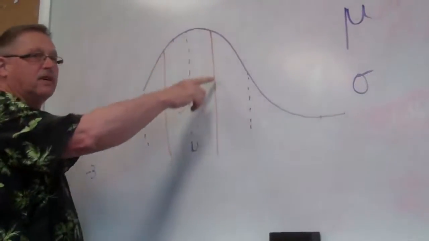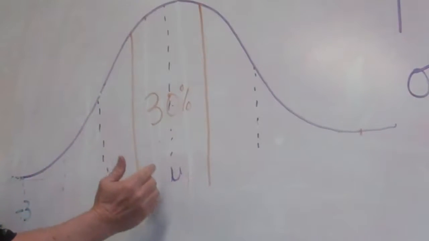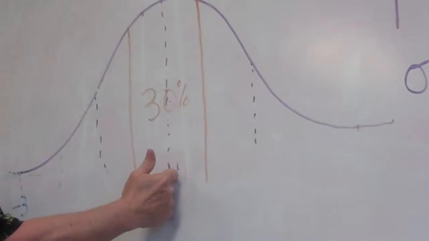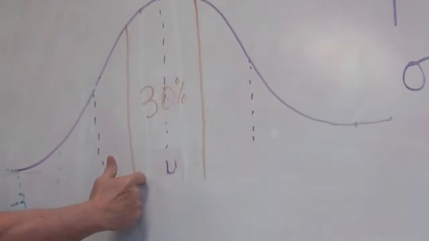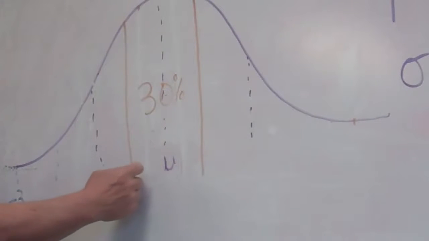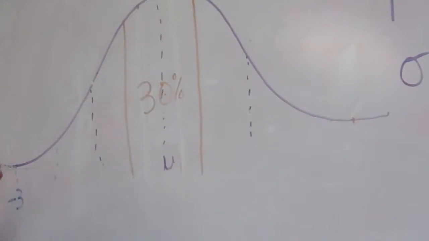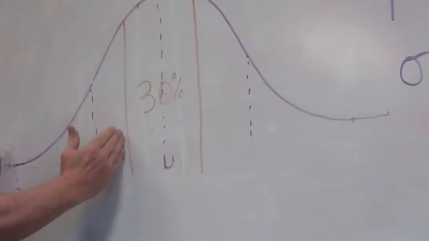I kind of want to find this line here. If I find this line, I think I can find this line. So I want to know where this line is. I think it's at about a negative half a deviation. But I want to know what percent of the world do I want to the left of the line.